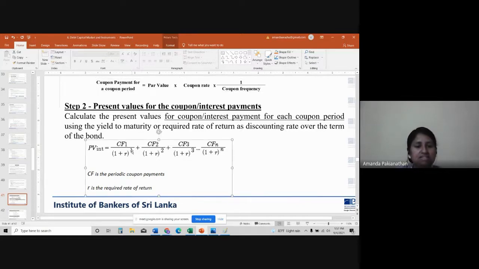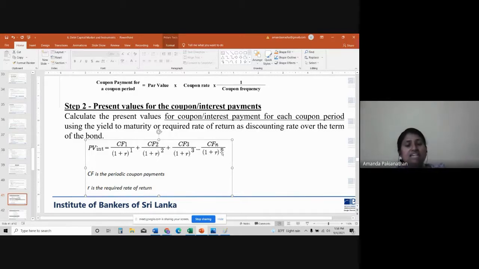This is the first coupon period. Hence, I will make sure it's a power of 1. The second cash flow is coming in the next coupon period or the second coupon period. So power 2, meaning the second coupon period. If it's the third coupon period, it has to be 3. N meaning the very last.